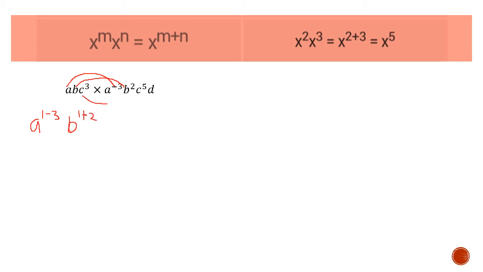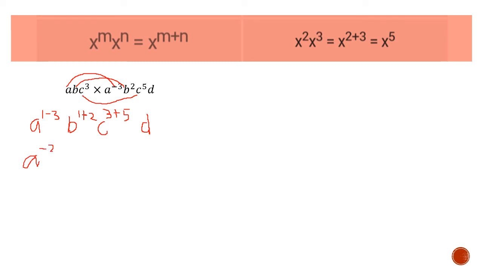Okay, c, so c cube plus 5 kasi to the 5th yung isa, and mapansin natin wala tayong d dito, dito lang, so we just need to copy.